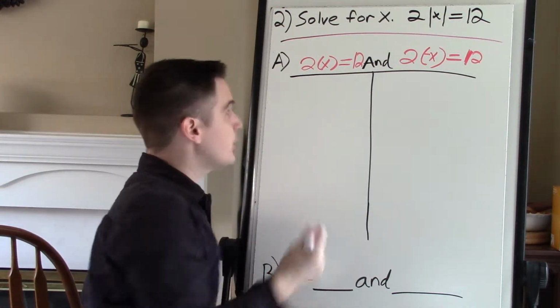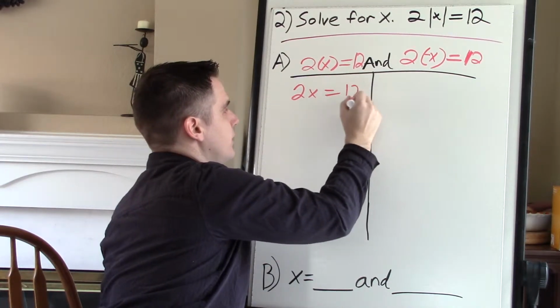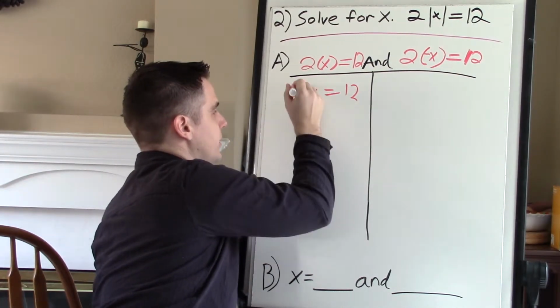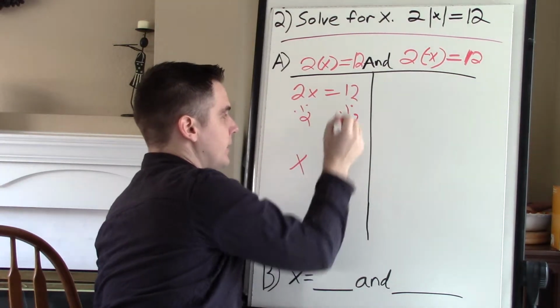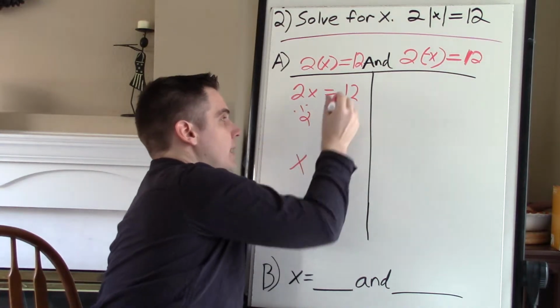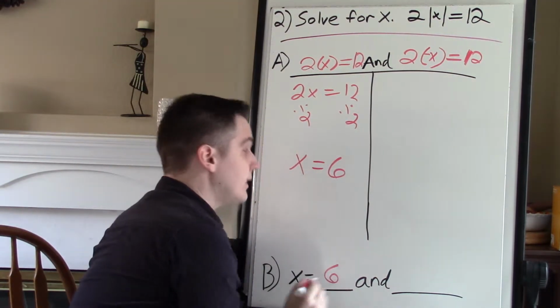Now, solve. 2x equals 12, divide by 2, divide by 2. x equals 2 divided by 2 is 1, 12 divided by 2 is 6, so I'm going to put that down here.